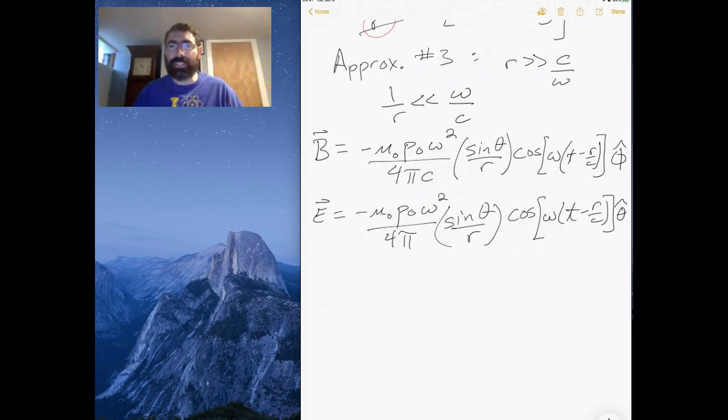So what you can see right away is that those two terms are basically the same, except for a factor of 1 over c.